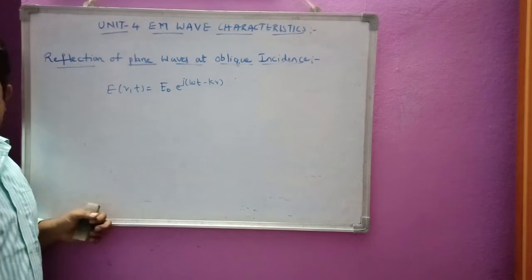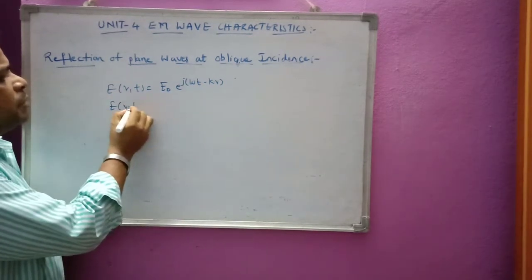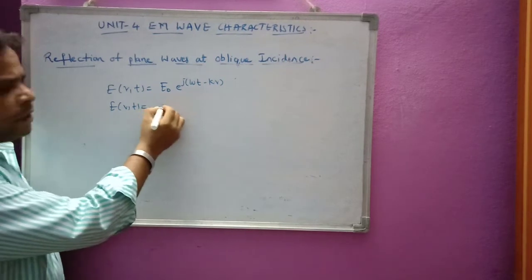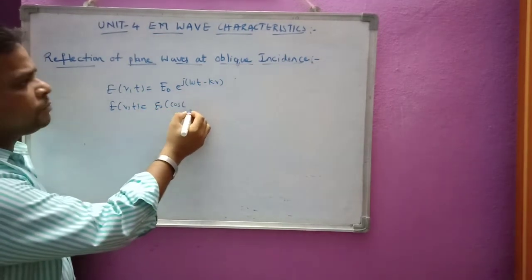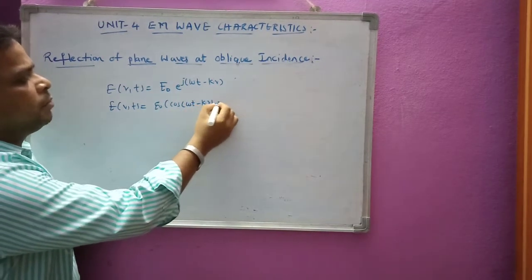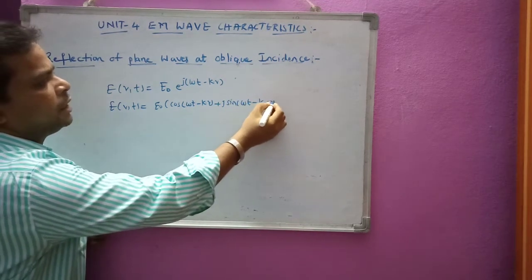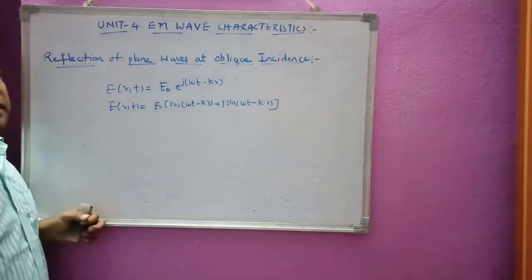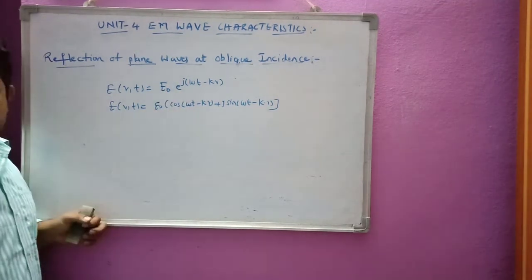If I suppress, I can write this in terms of real and imaginary parts, that is E0 into cos(ωt − k·r) plus j sin(ωt − k·r). The exponential can be expressed in this form, we know.